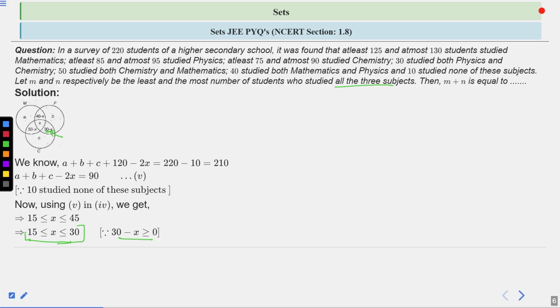And in the question, what was the actual question? Simply, you have to identify m and n. M represents the least number of students who have studied all the three subjects, and n represents the maximum, the most number of students who have studied the three subjects. So what is your minimum value?